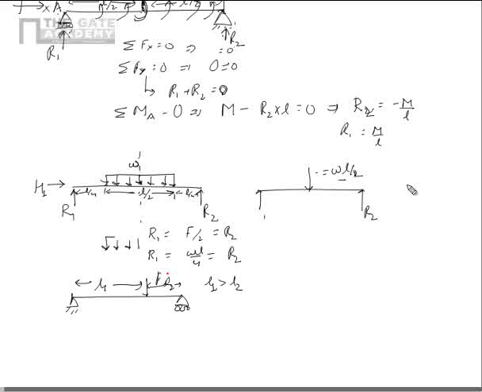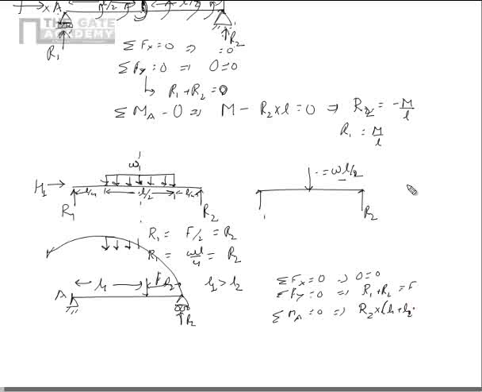If you want to figure out what is the reaction in this case, we just write the equation of equilibrium again. Fx equal to 0, which leads to 0 equal to 0. Fy equal to 0, which leads to the same equation R1 plus R2 equal to F. But sigma M equal to 0 about A, this is A, leads to this: R2 causes the anti-clockwise movement, R2 multiplied by L1 plus L2 minus F into L1 is equal to 0.